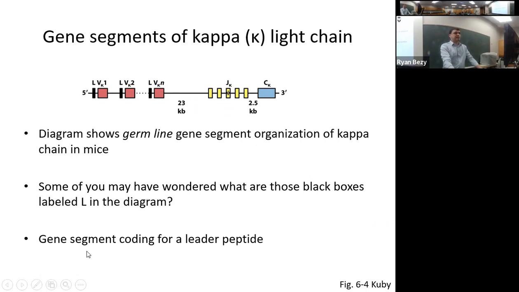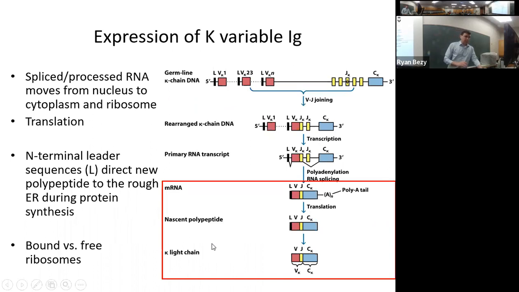What they do is it's a gene segment that codes for something called leader peptide. And you might see here during the RNA splicing, you cut out the intron that was right here, and you join the leader peptide right onto the very beginning. The spliced, processed RNA moves from the nucleus to the cytoplasm and the ribosome, and then it gets translated.